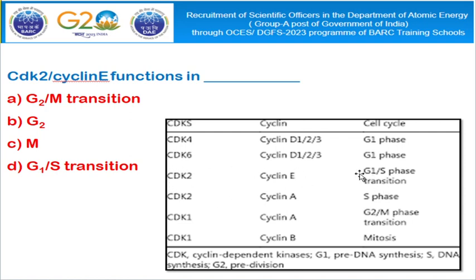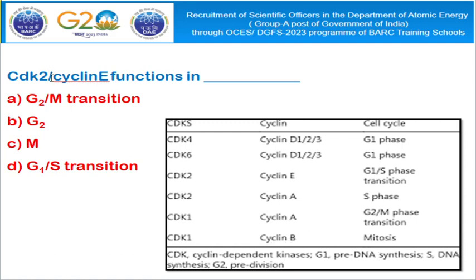In S phase, that is the synthesis phase, regulation is provided by CDK2 and cyclin A. In G2 to M phase, CDK1 along with cyclin A takes care. In mitosis, CDK1 and cyclin B take place.